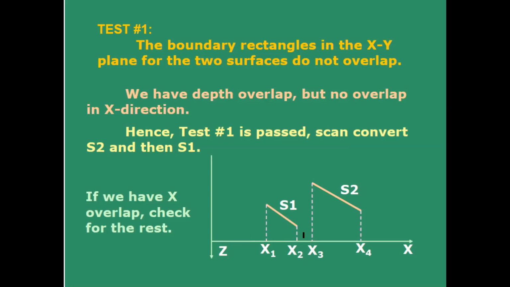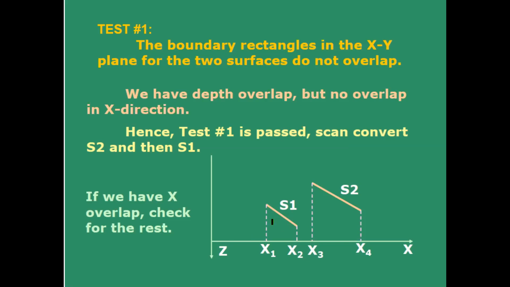Here we can easily say that all four edges are not overlapping with each other. So condition 1 passes. As condition 1 passes, we do not need to check the other three conditions, and we can say that surface S2 is behind surface S1. So S1 is closest to the viewing plane, and later we have surface S2.